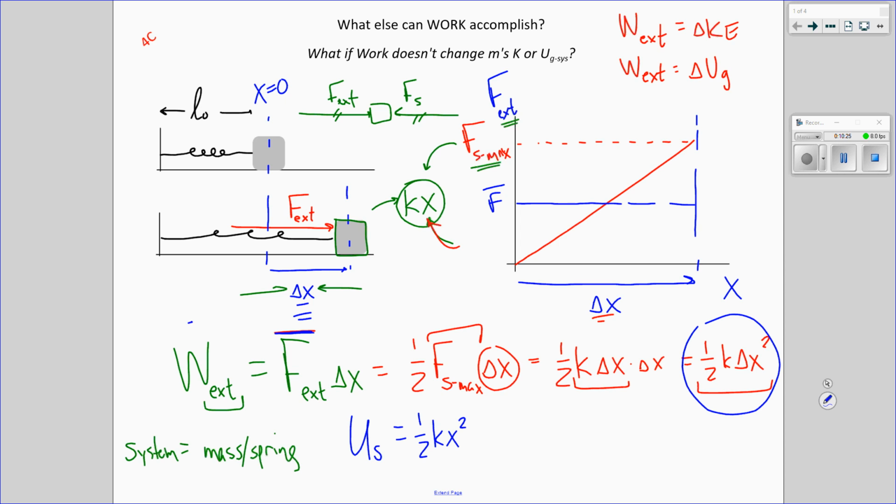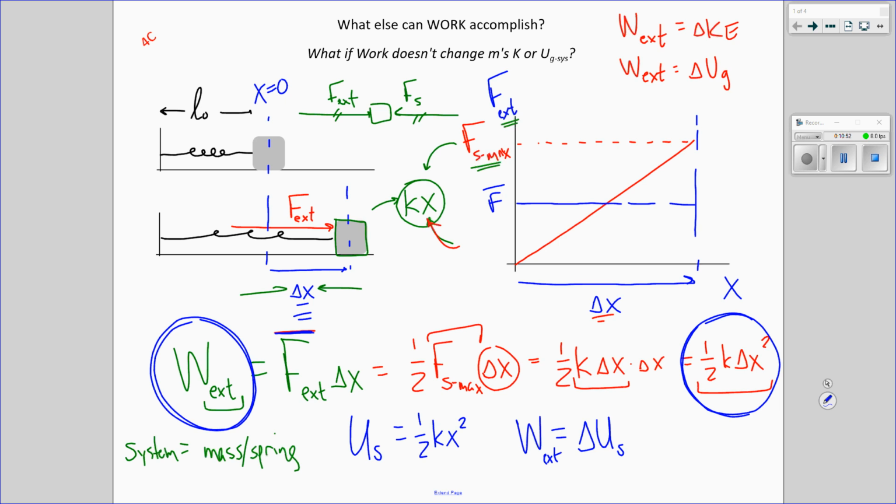Look at this. The work done by the external force accomplished something. What it accomplished is a change in this spring's potential energy. Maybe more appropriate to say a change in the mass spring system's potential energy. Yeah, I like that better. Okay?